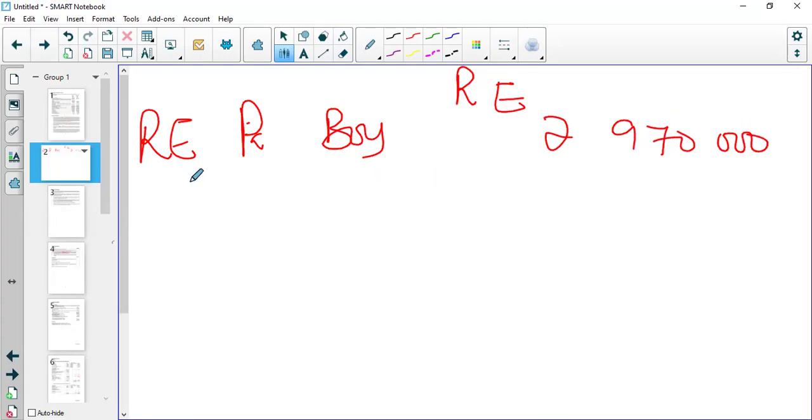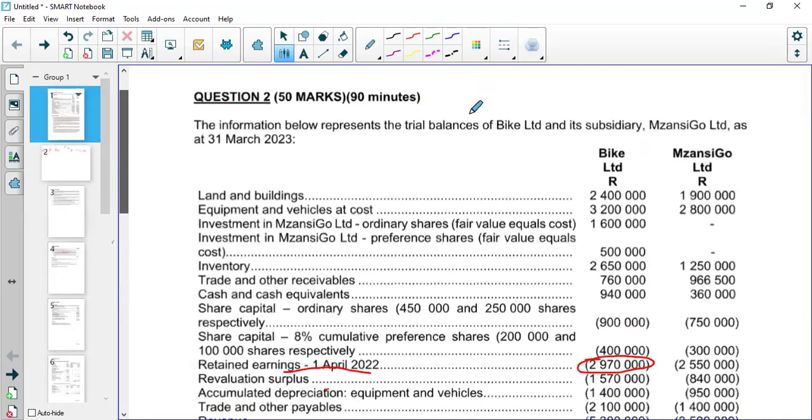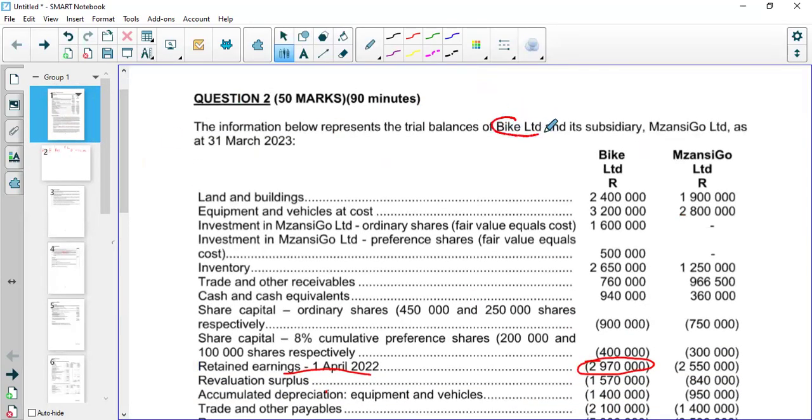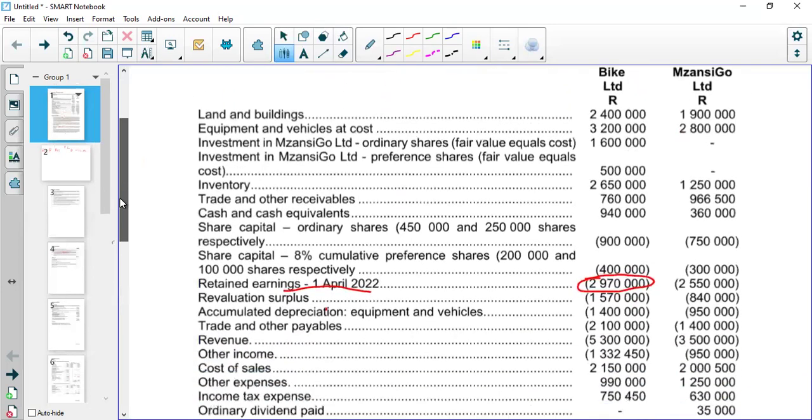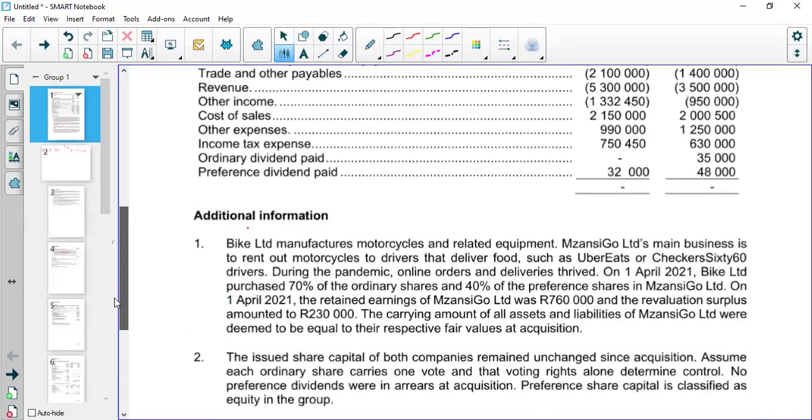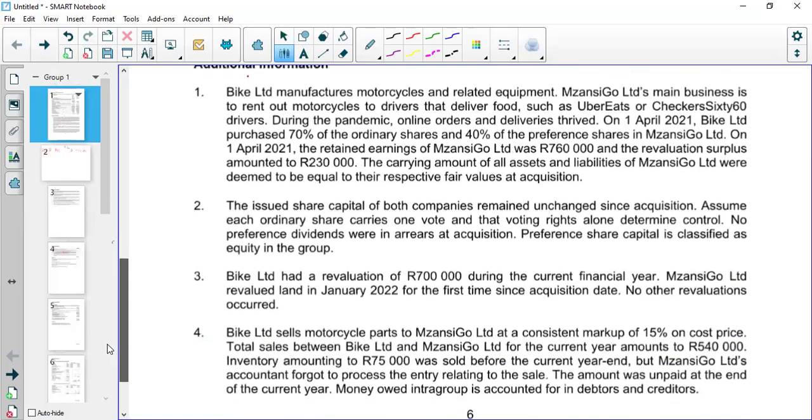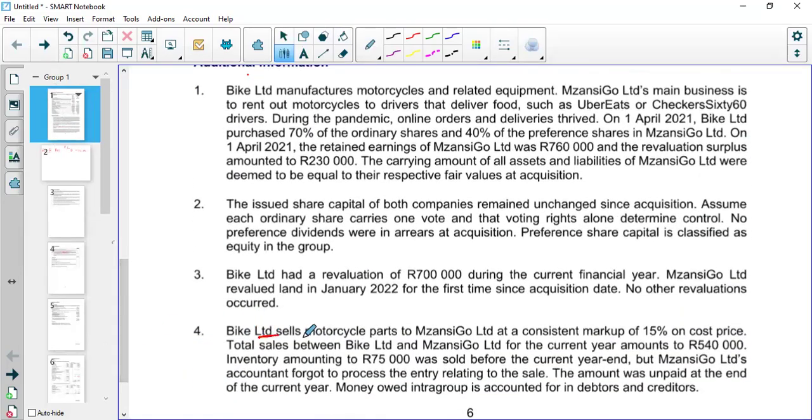2970123. Then any adjustments, was the parent a seller of anything with unrealized profit? So we look at whether Bike Limited was selling anything which produced unrealized profit in the previous years. So Bike Limited sells motorcycles. So we are interested in opening inventory, unrealized profit.